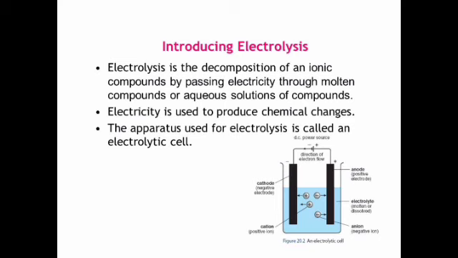Question 2. What number of moles of copper 2 plus will be deposited by 360 coulombs of electricity? It's still like the first one, but this time copper is 2 plus.